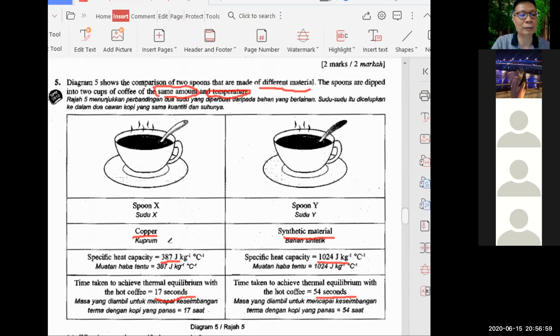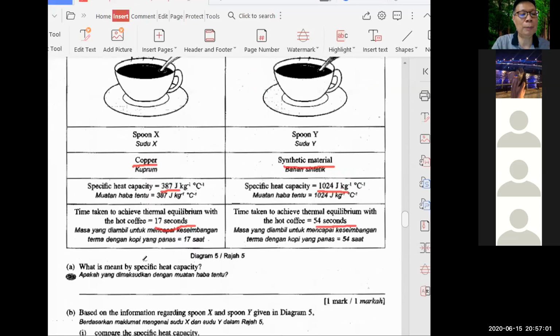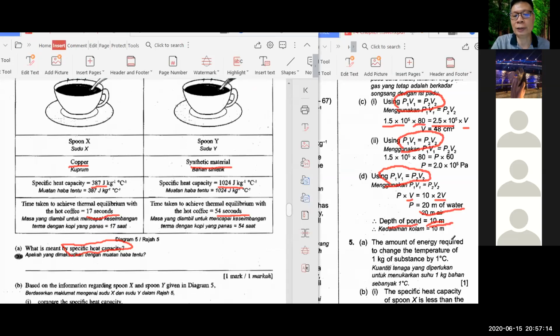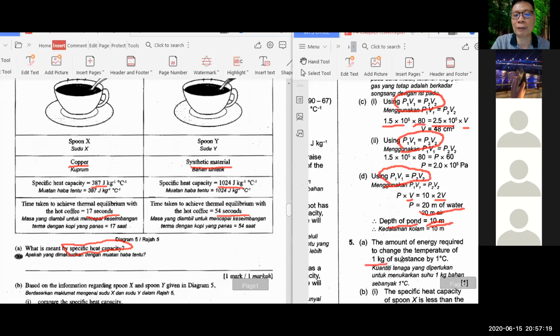Now, the question. What is meant by specific heat capacity? You must know the meaning. Let me show you the answer. Amount of heat energy required to change the temperature of 1 kilogram of substance by 1 degree. Remember it in your mind for your whole life.